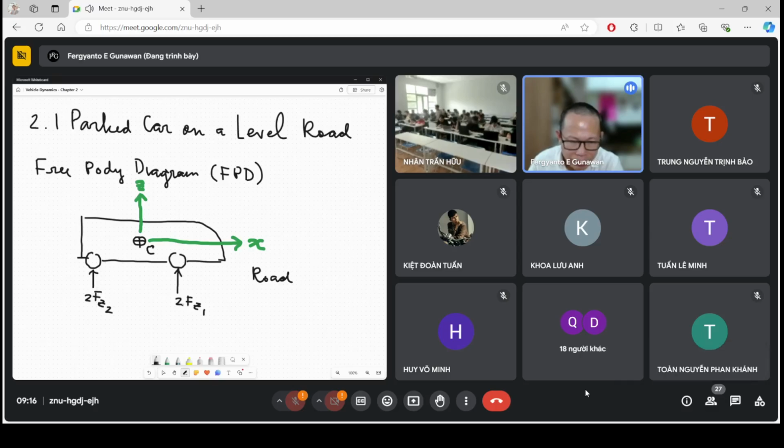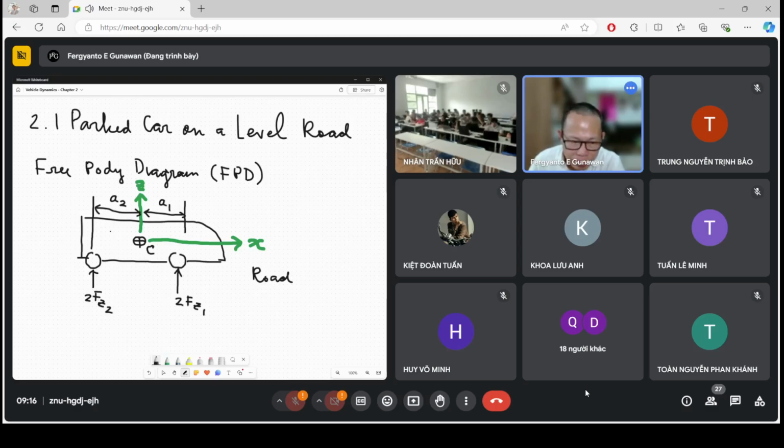So FZ1 and FZ2. The distance from the rear wheel to the center of gravity we call A2, and the distance to the front wheel we call A1.